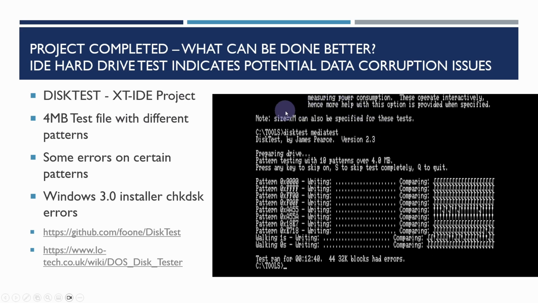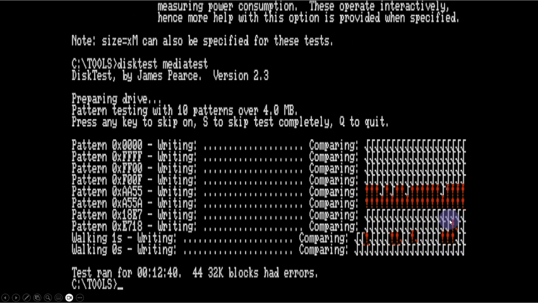You can see here that the ticks are where things have worked okay, but there are some exclamation marks. If you go on to the next page, you can see that when writing these alternating patterns, so A's and 5s, which are like alternating 1s and 0s, some of these patterns are coming up with problems.